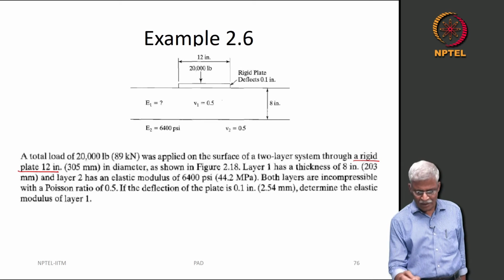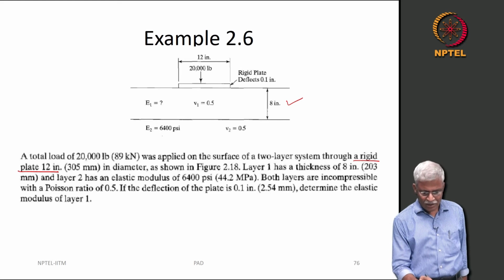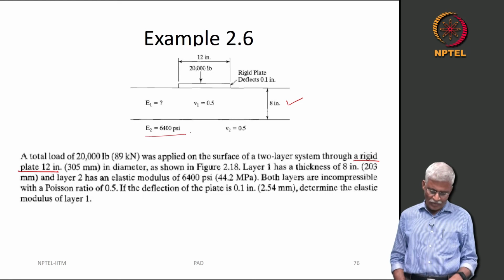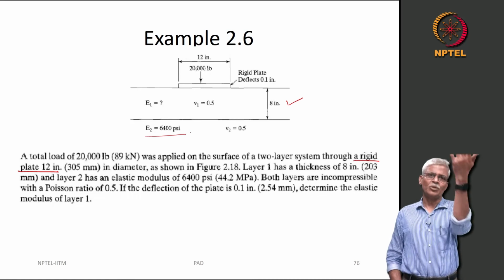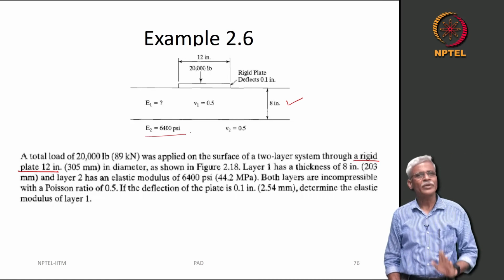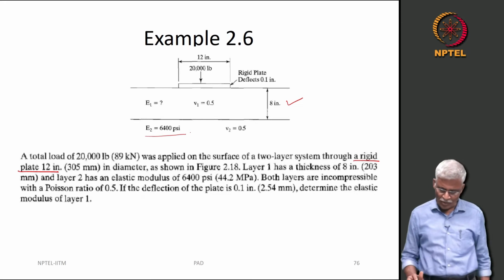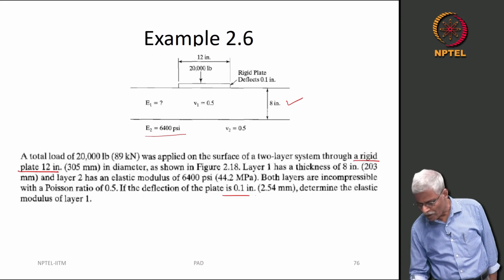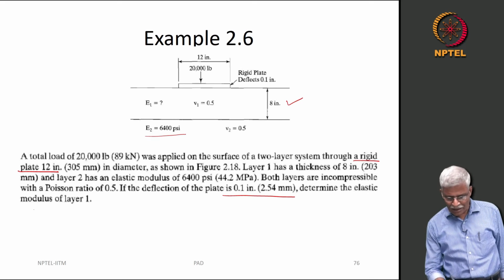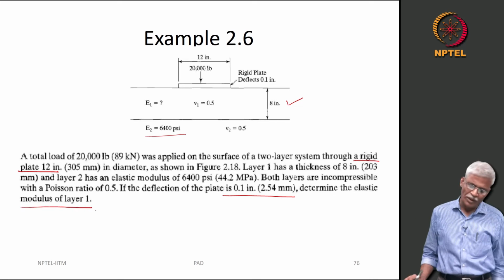So, they have given the layer 1 thickness, the layer 2 modulus is given here. Both layers are incompressible. So, your Poisson's ratio is 0.5. Life becomes very simple, you can read it from the chart. If the deflection of the plate is 0.1 inch, determine the elastic modulus of layer 1.